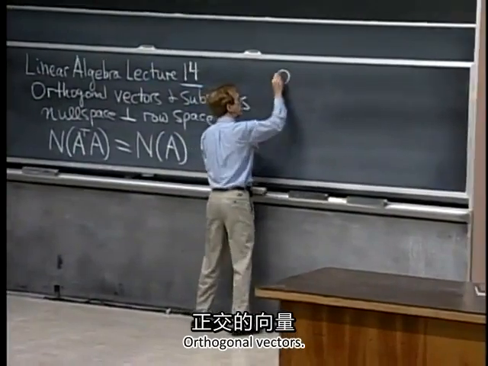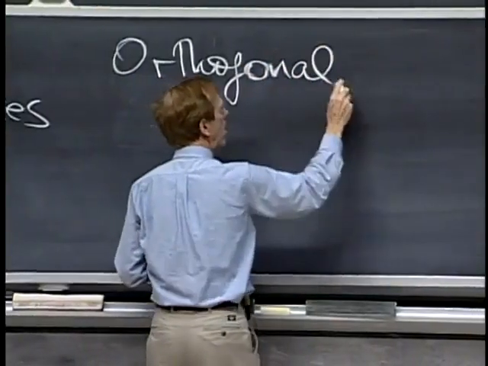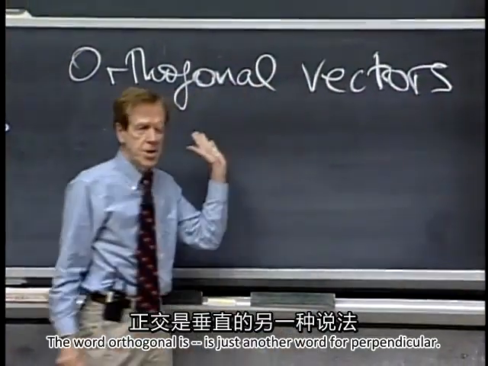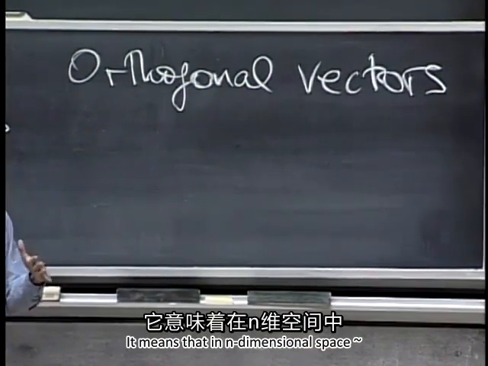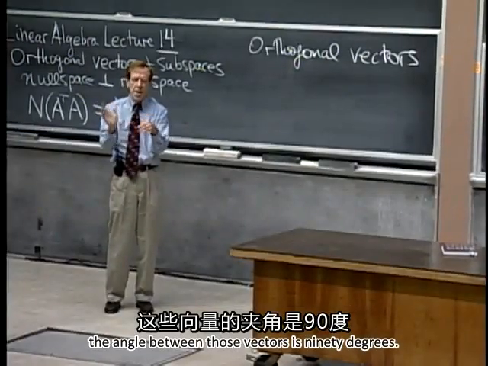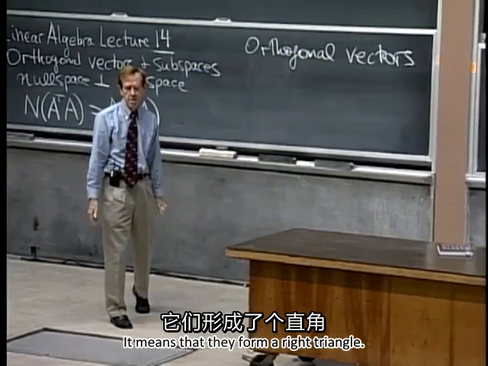Orthogonal vectors. The word orthogonal is just another word for perpendicular. It means that in n-dimensional space, the angle between those vectors is 90 degrees. It means that they form a right triangle.